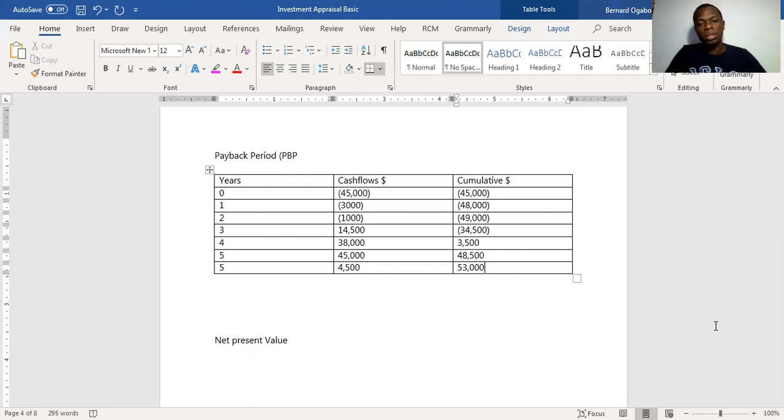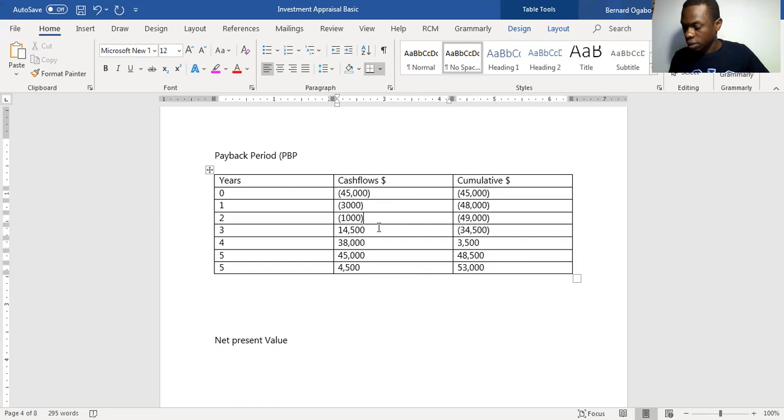So just look at this place. Year 0 is a cash outflow. In year 1, I had nothing positive coming in. In year 2, I have nothing positive coming in. So year 1 and year 2 have passed. I still have not gotten my 45,000.